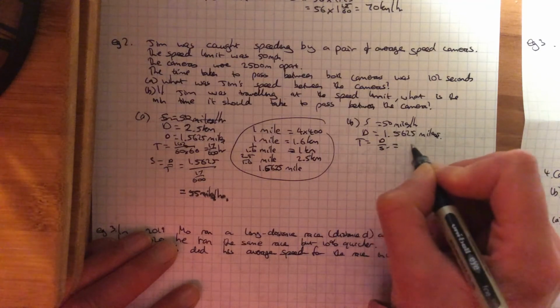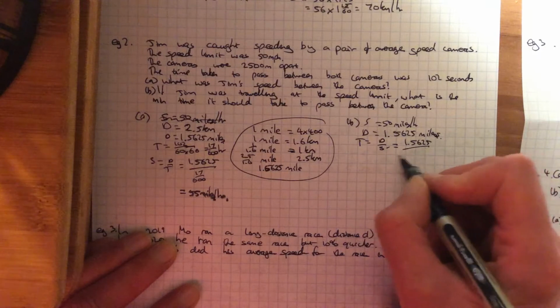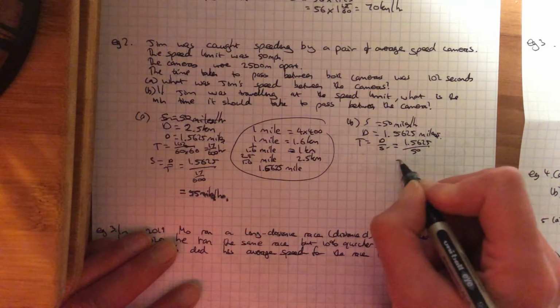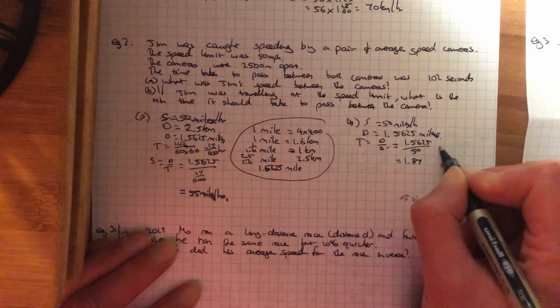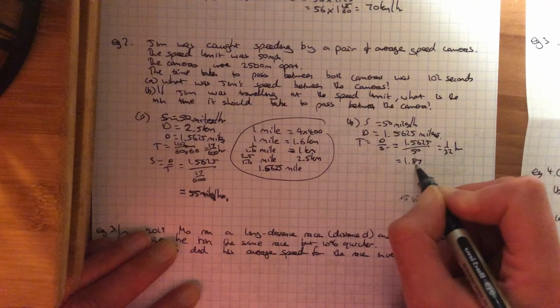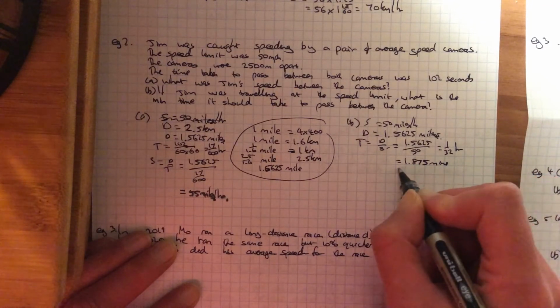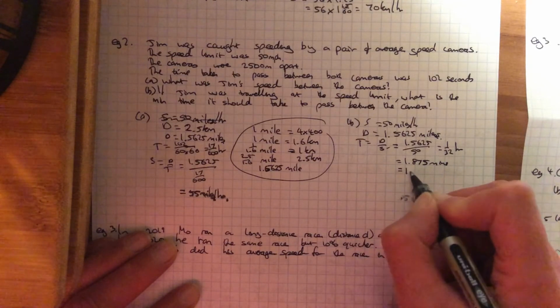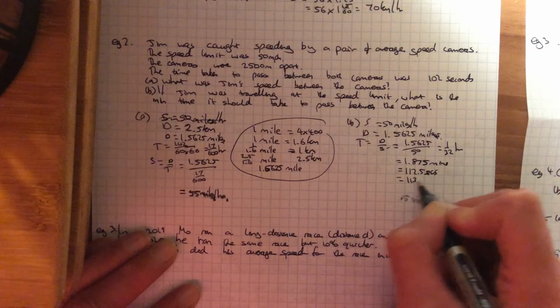Working that out, his distance over his speed of 50, that's coming out as 1/32 of an hour. To put that into minutes, times it by 60. To put it into seconds, times it by 60 again. So his time is 113 seconds.